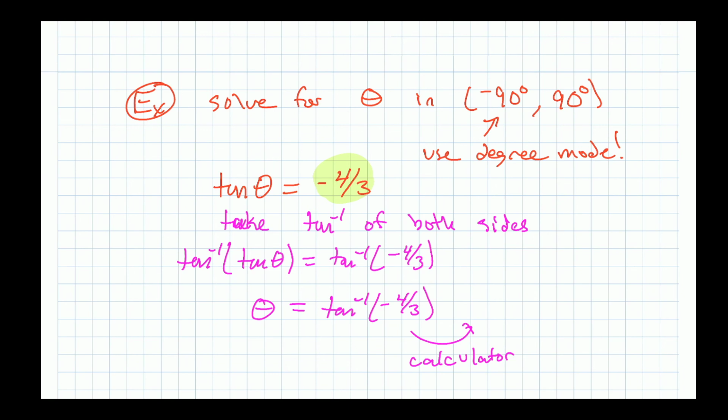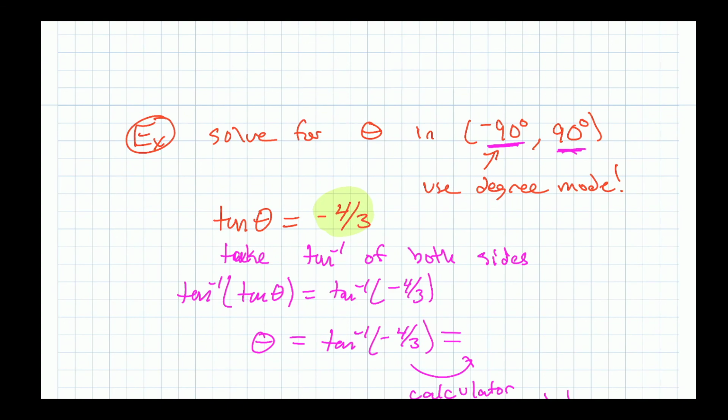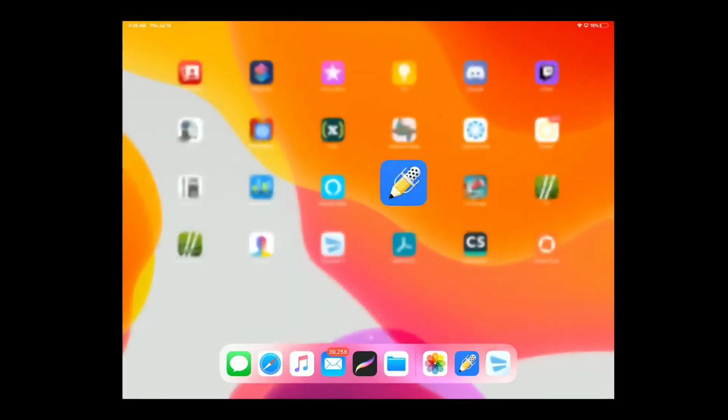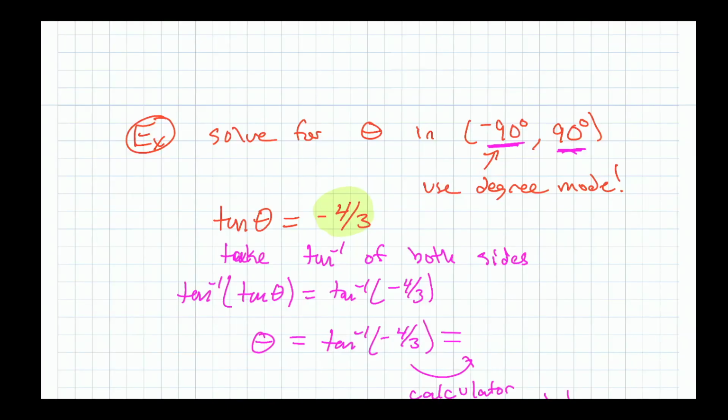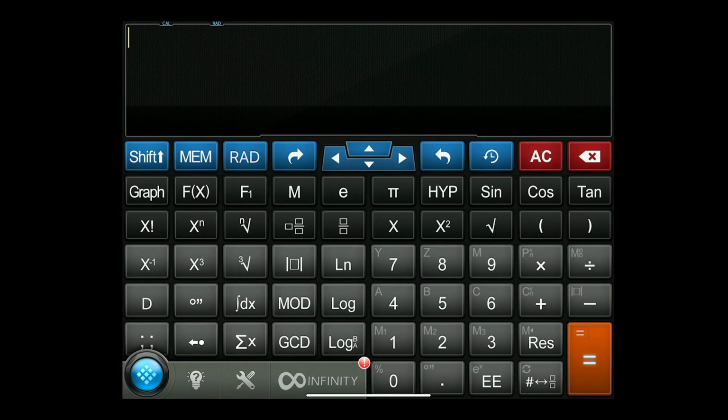And the only thing to really be careful about is degree mode, because they told me I was in degrees by telling me this. So I'm just going to use the scientific calculator. You just go shift, tangent inverse, -4/3, parentheses, but I have to make sure I'm in degree mode.